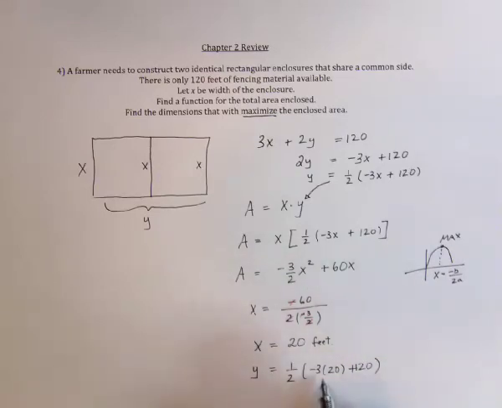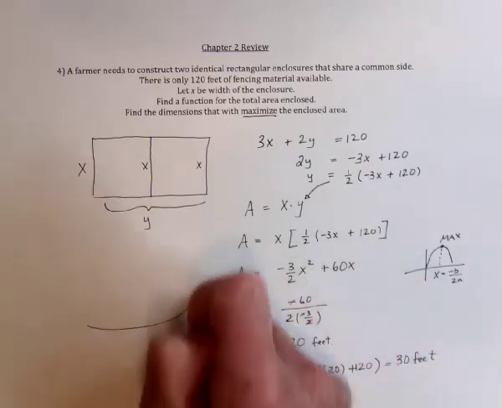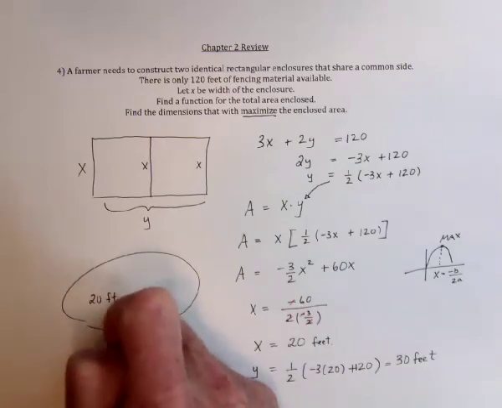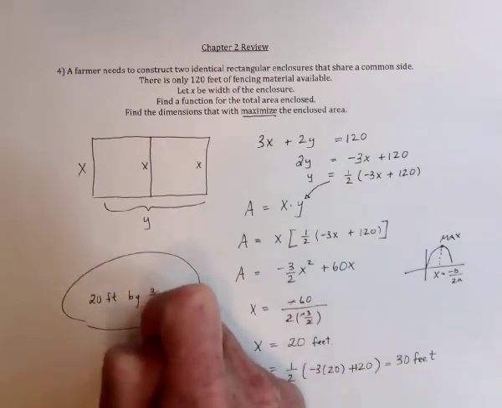So that's negative 60, and 120 is going to be 60, but then this cuts it in half, 30. So there are the dimensions. It should be 20 feet by 30 feet.